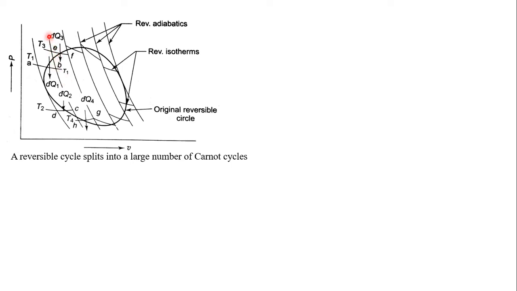Similarly here, again we have reversible adiabatic, isothermal, and again reversible adiabatic. So in this case our original reversible cycle can be replaced by this zigzag reversible path which we had seen in the previous slide. Is this clear? Because of this, the same thing is done on the bottom side.